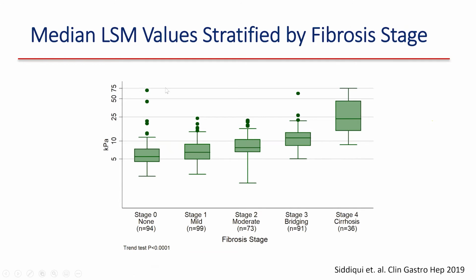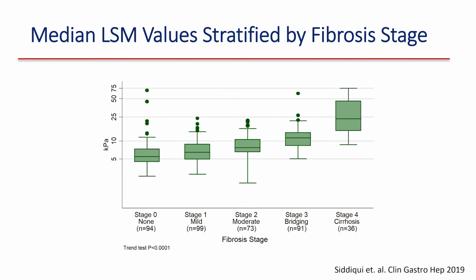More importantly, there are patients who have no fibrosis who have a liver stiffness value of 75 or 50 or 25. So these are going to be false positives. Same thing for stage 1 and stage 2. But as you get to stage 4 or cirrhosis, there's a significant differentiation from the rest of the parameters. And again, you see some of that differentiation as patients progress to stage 3 fibrosis.